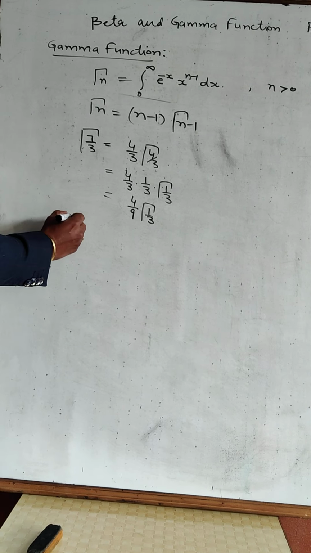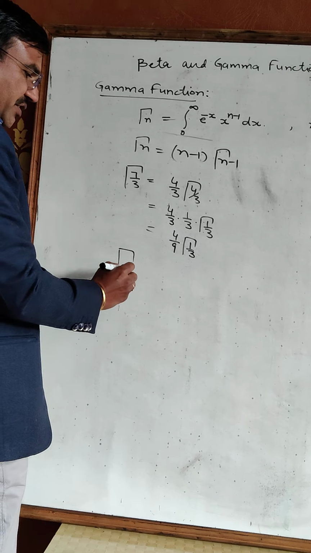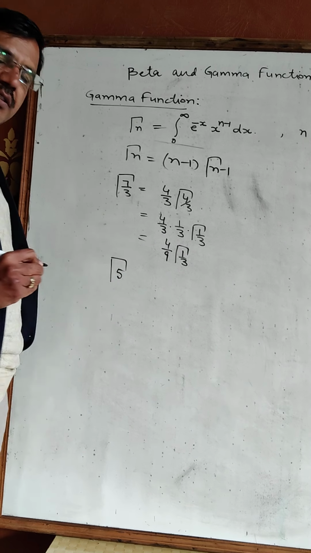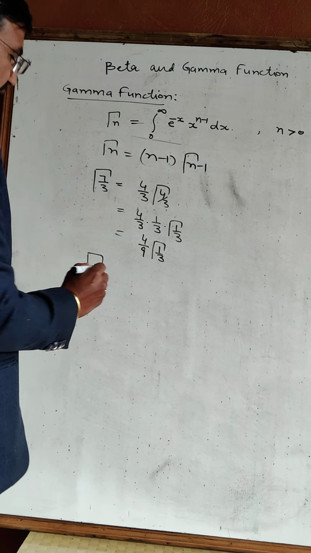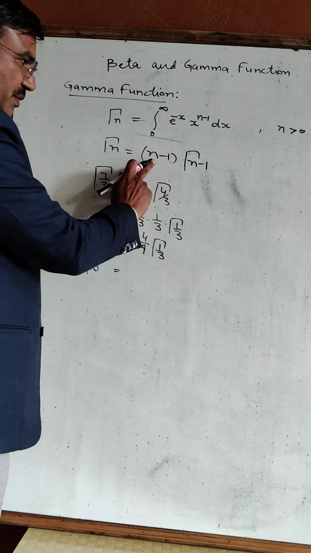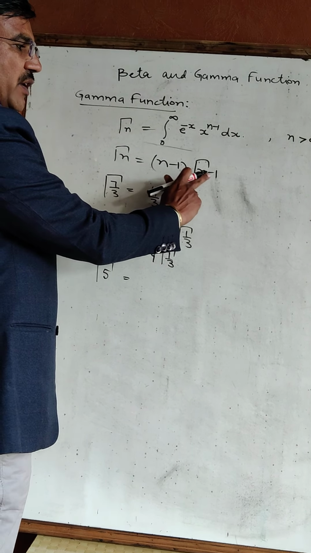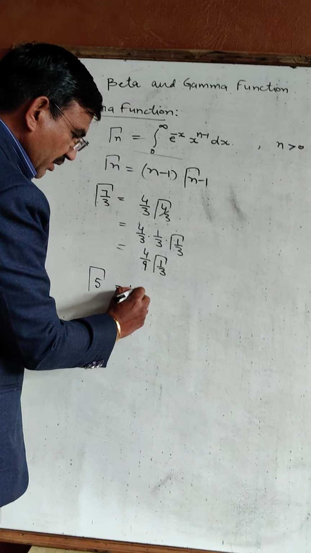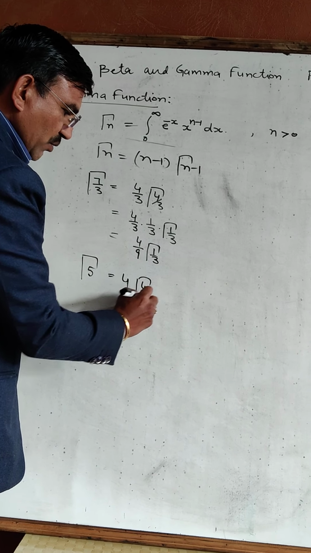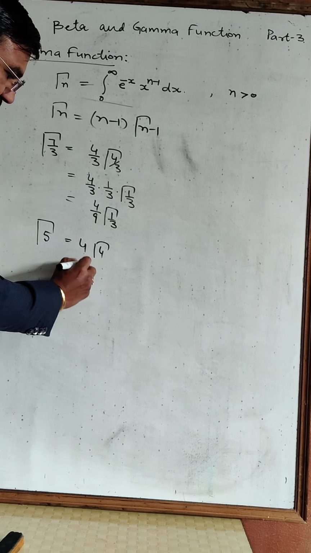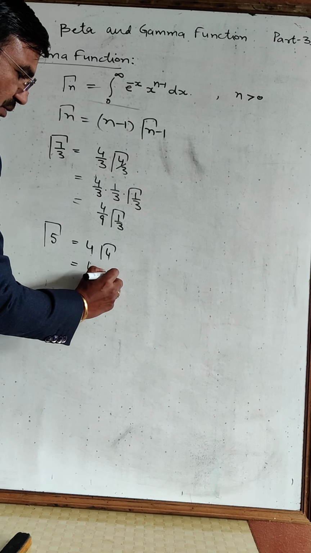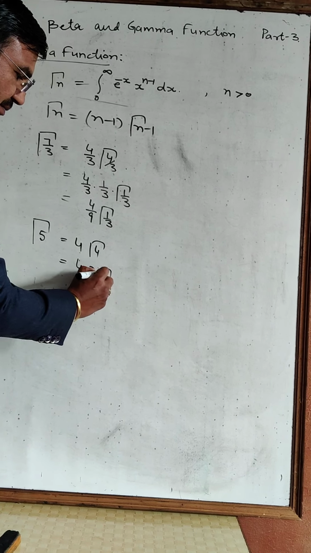Again, if n is an integer, suppose it is gamma of 5, then we start from 5 minus 1, 4, gamma of 5 minus 1. It would be 4 into gamma of 4. Again, gamma of 4 will be equal to 3 into gamma of 3.